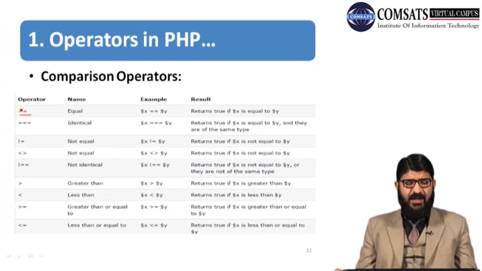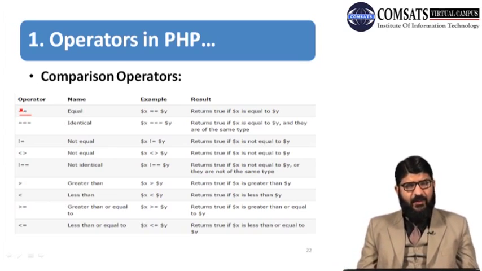Please keep in mind, it is a comparison operator, that the value of x should be the same as the value of y. You are matching both values by this equal. So if both values match, then it will return true.